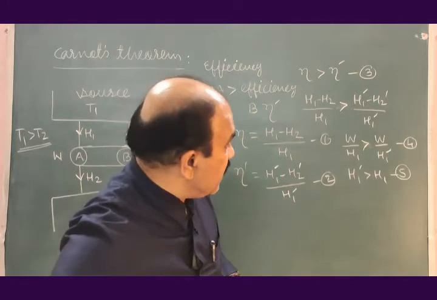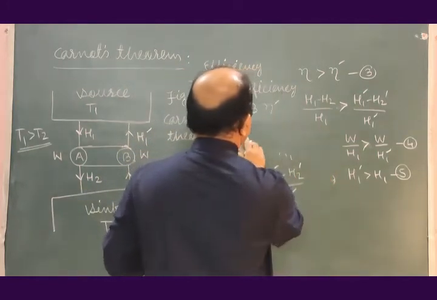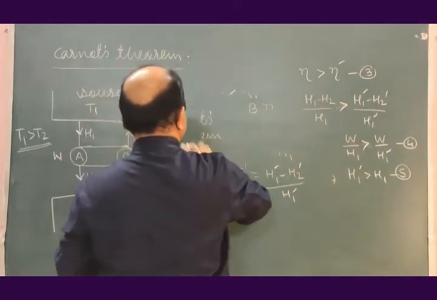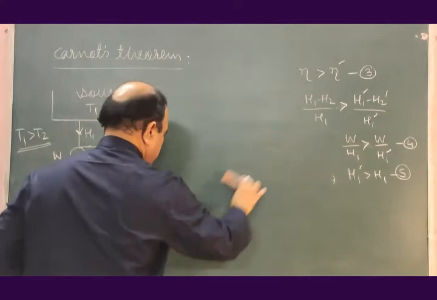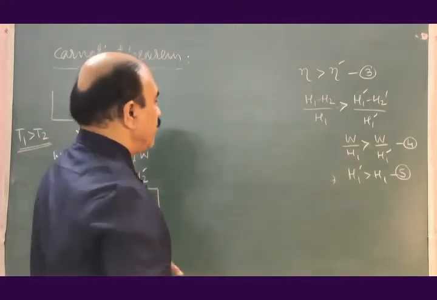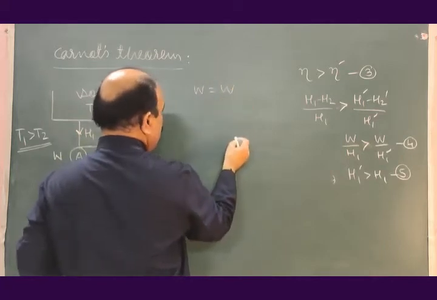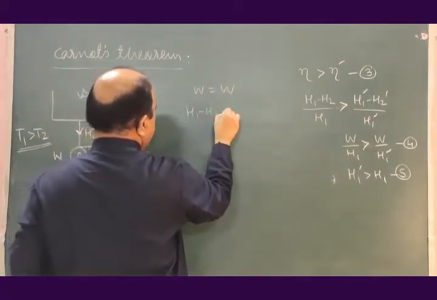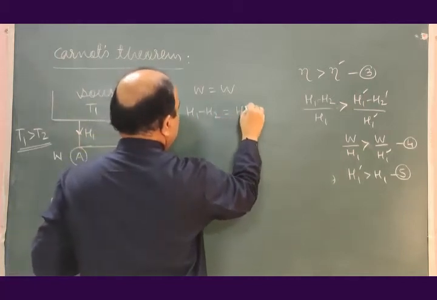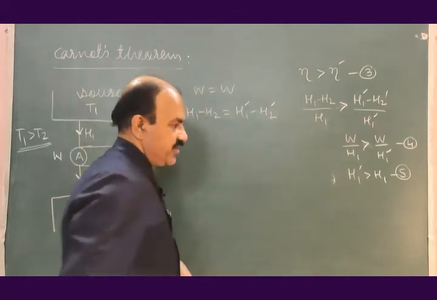If H1 dash is greater than H1, let me come to other equations. We know that W is equal to W. One W is H1 minus H2. The other W is H1 dash minus H2 dash.